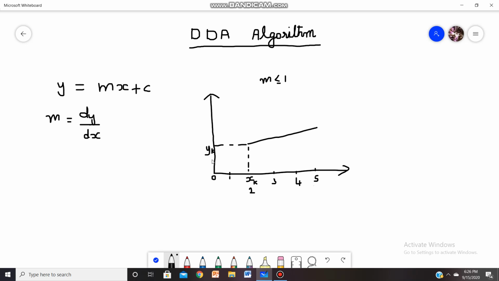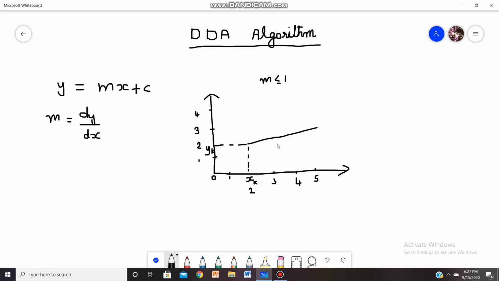If I am starting from here, marking it as 1, this as 2, then 3, then 4, I know that the first point is xk, yk, or in this case it is 2, 2. The next pixel to be generated, since the line is inclined towards the x-axis, there is unit increment for x. So the next point will be x equal to 3, and y we need to find out. It may be 3 or may not be 3.